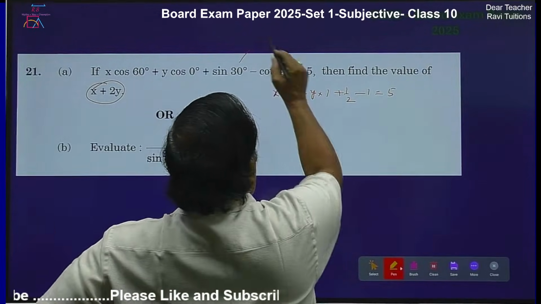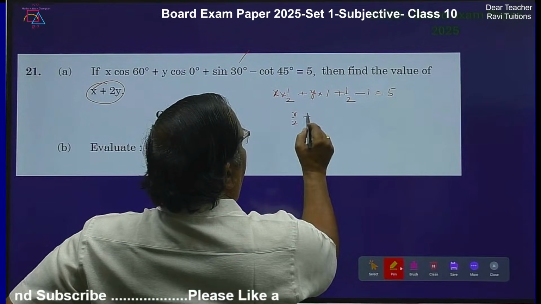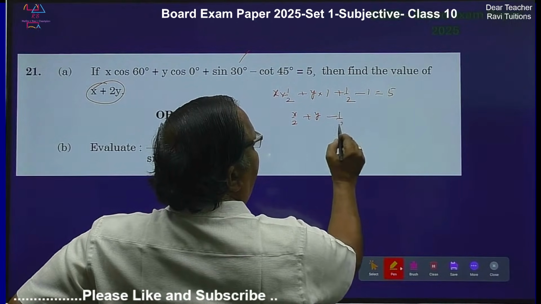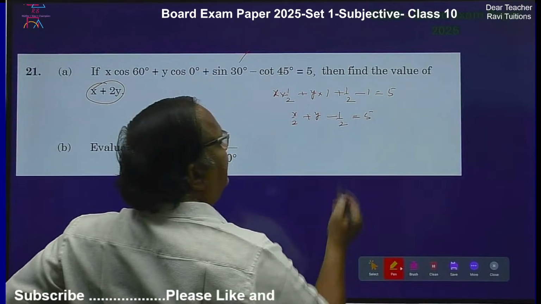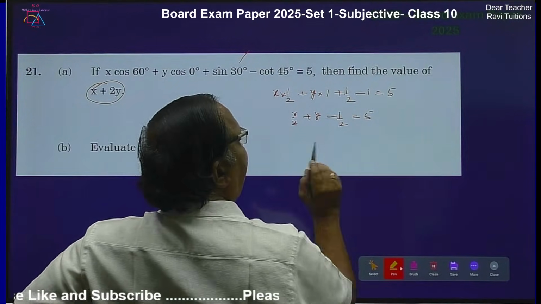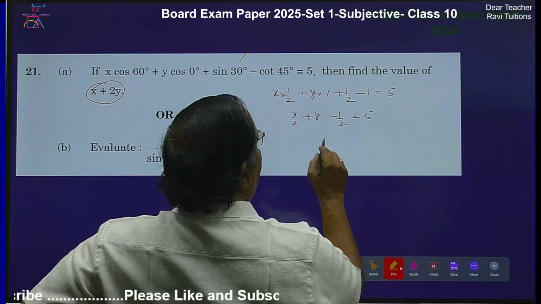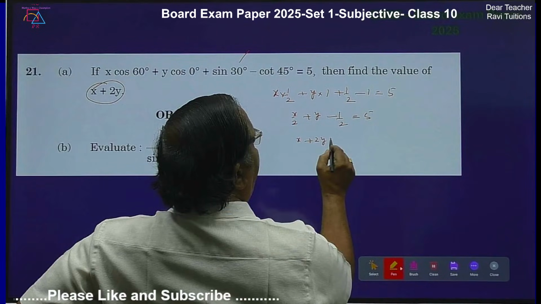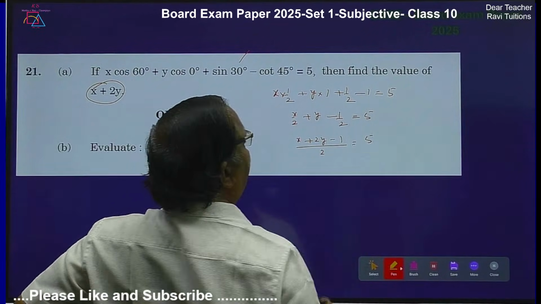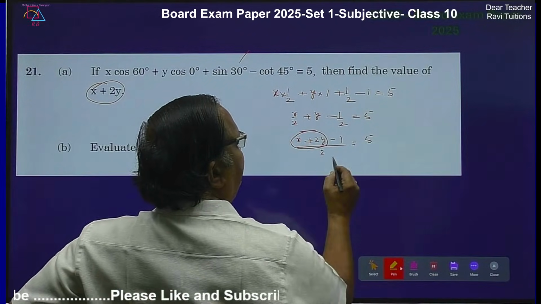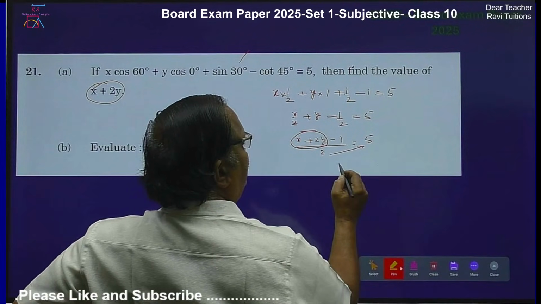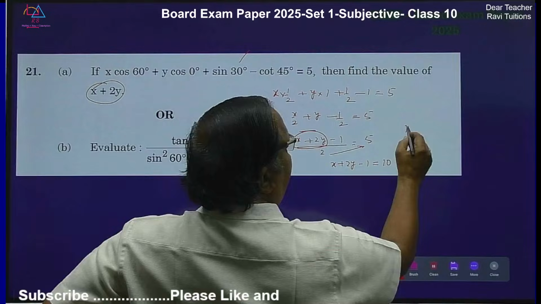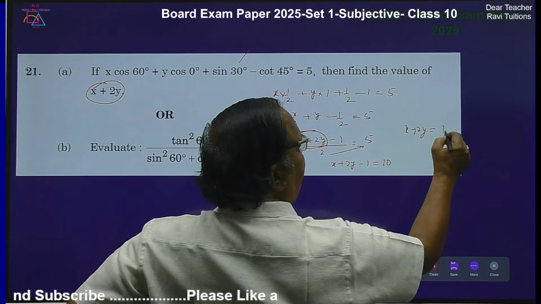So x by 2 plus y, half minus 1 is minus half, is equal to 5. Bring the half to the other side, because we want x plus 2y. Now we have got x plus 2y. So send this 2 to the other side: x plus 2y minus 1 is equal to 10, and x plus 2y is equal to 11.